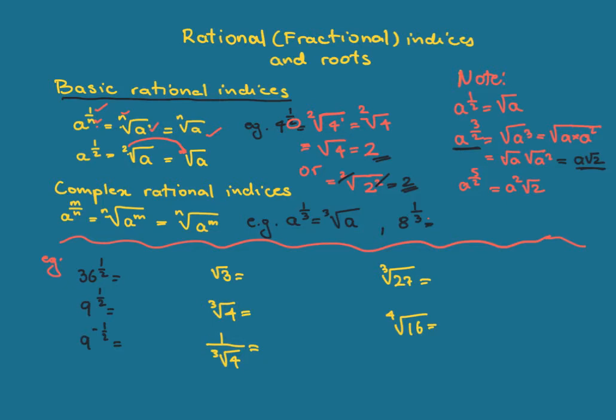The next one is complex rational indices. The first one, an example rule: we have a to the power of m over n, which is equal to, if you remember from before, m goes here and n goes there, so it's the nth root of a to the power of m.